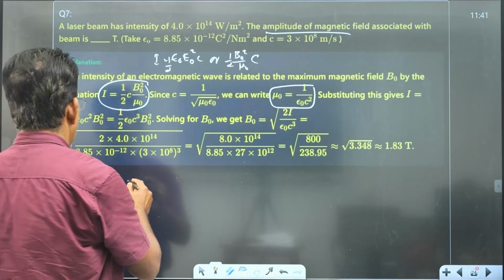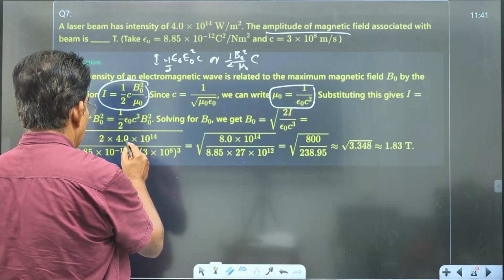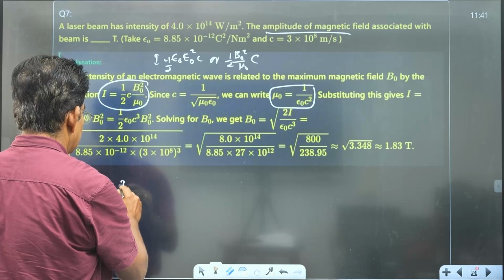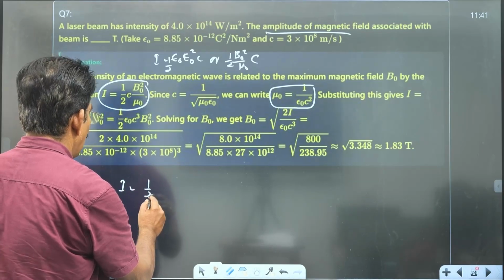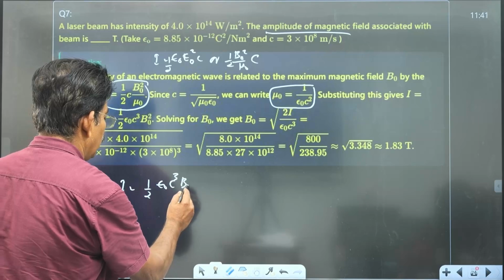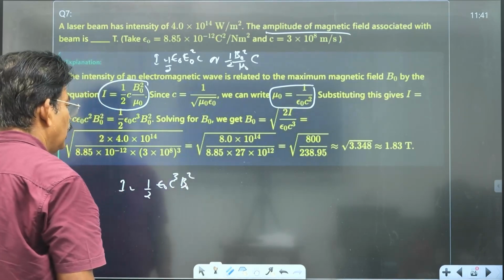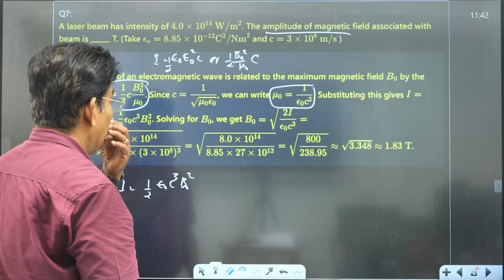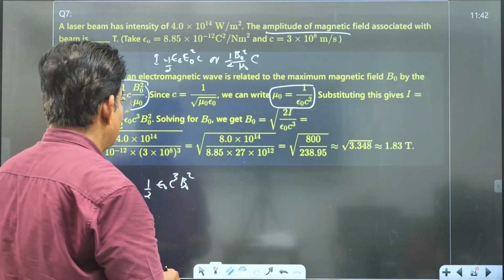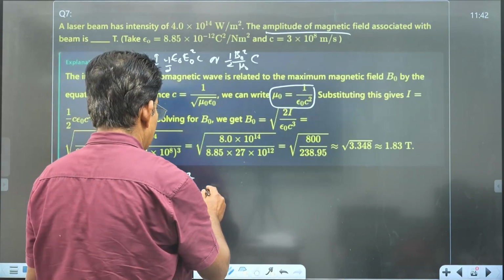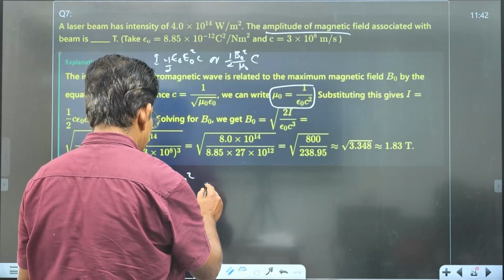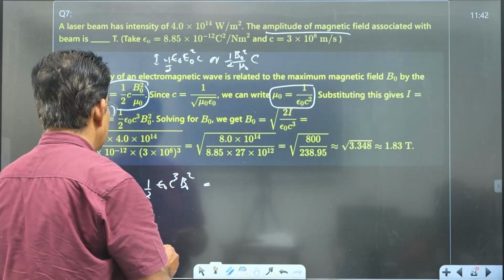Now our equation becomes half epsilon 0, so I am writing here intensity comes to be half epsilon 0 C cube B0 square. Now we are going to make some easy mathematical calculation. We want B0 square.